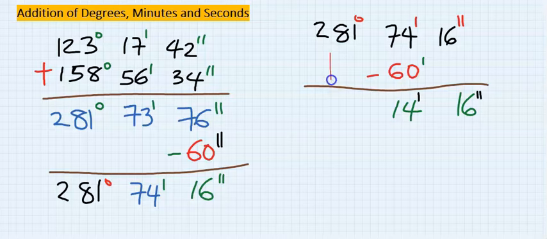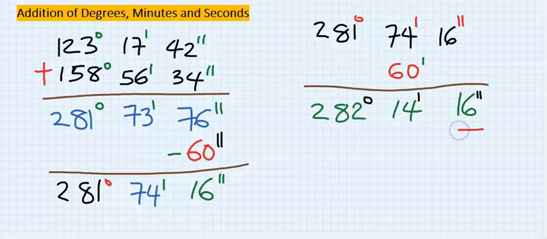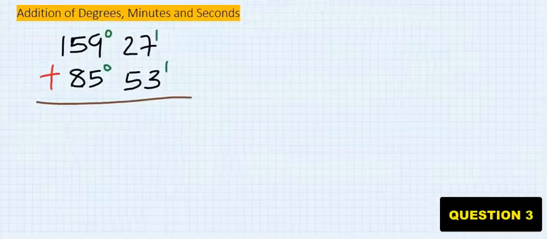Next, I will bring down this 281. However, I will add this 60 that I subtracted to this, and as it's coming down, it becomes 282 degrees. This is now less than 60 seconds. This is now less than 60 minutes. This is our final result. Pause the video and try this out.